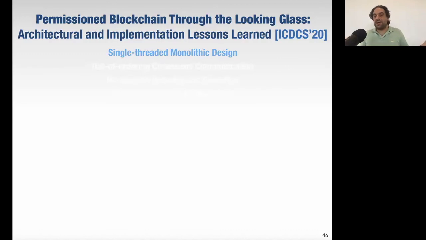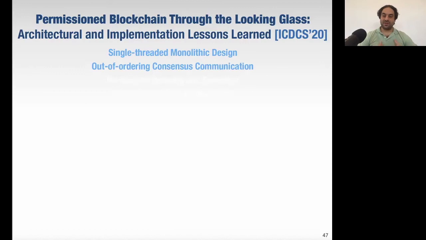It leaves most of the resources that are available to us underutilized. And the other aspect that we looked at, in terms of the system-oriented view of building a blockchain fabric, is how do we look at ordering the communication? How do we develop a more sophisticated transport layer that doesn't necessarily need every message to be sent in a stepwise fashion?